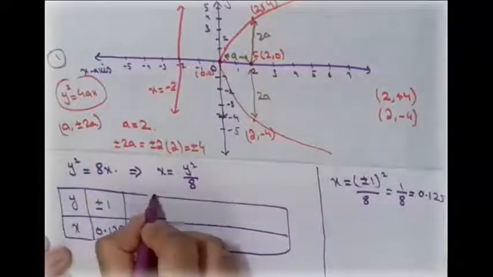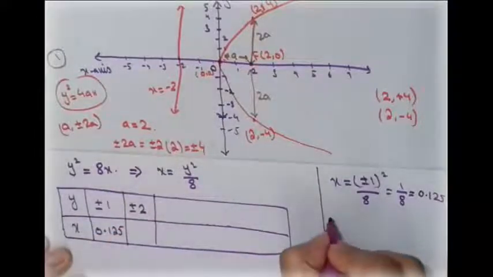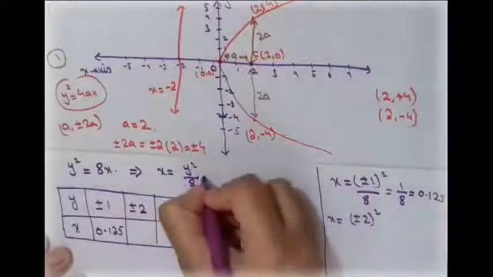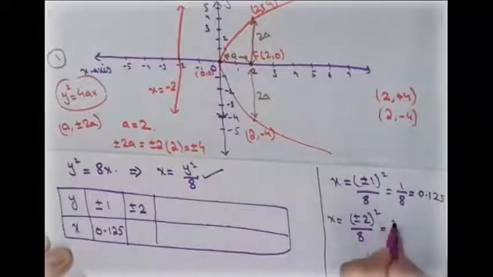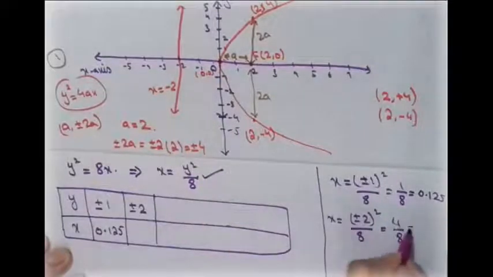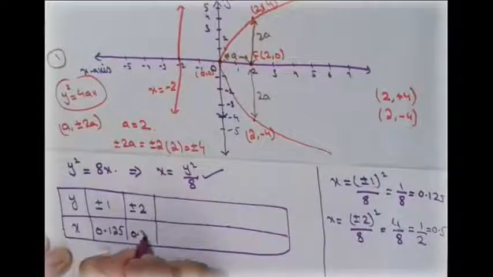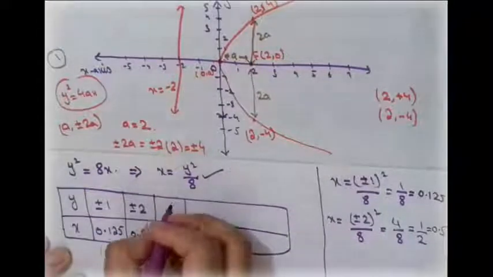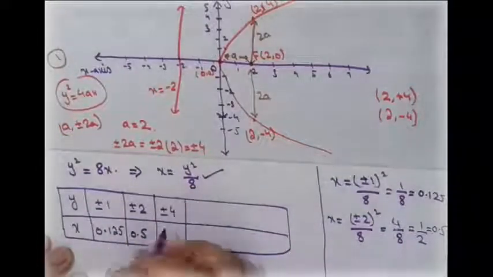If I put a value of ±2, then x is equal to 2 squared divided by 8. So it will be 4 divided by 8, which is 1 divided by 2, equal to 0.5. So I will get 0.5, and I just put a larger value. So if I put ±4, you will also put the value of ±3 as well.